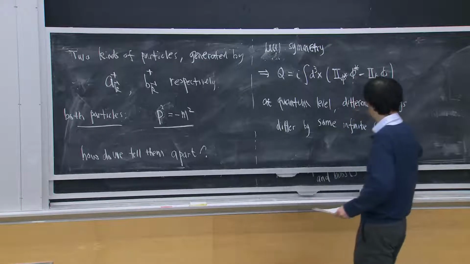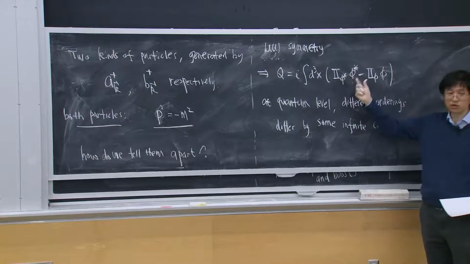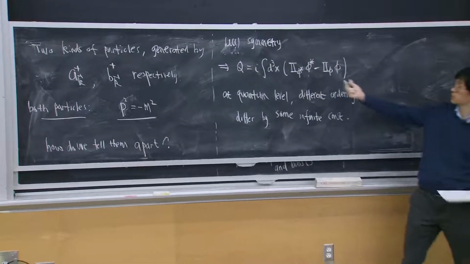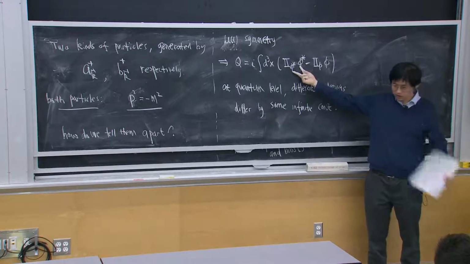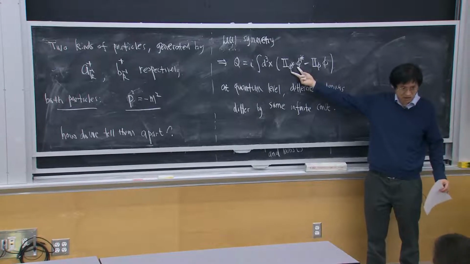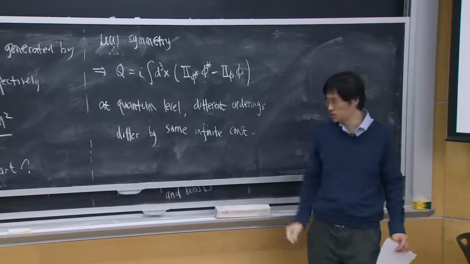If you change the ordering, you get a delta function, but because these two are evaluated at the same x, you get the delta function evaluated at 0. So essentially you get an infinite constant.